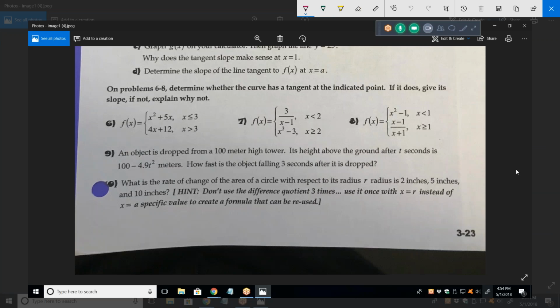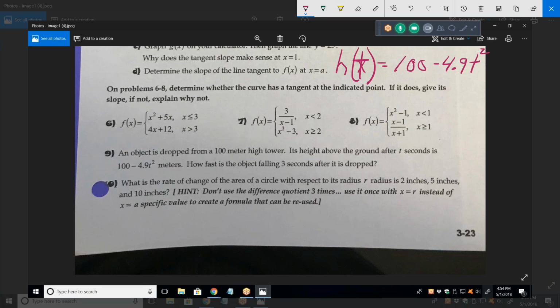This is a very, very common problem. The height of that object is 100 minus 4.9t squared. And this is not a function of x, it's a function of t. Okay? So, how fast is the object falling? Well, first derivative is velocity.